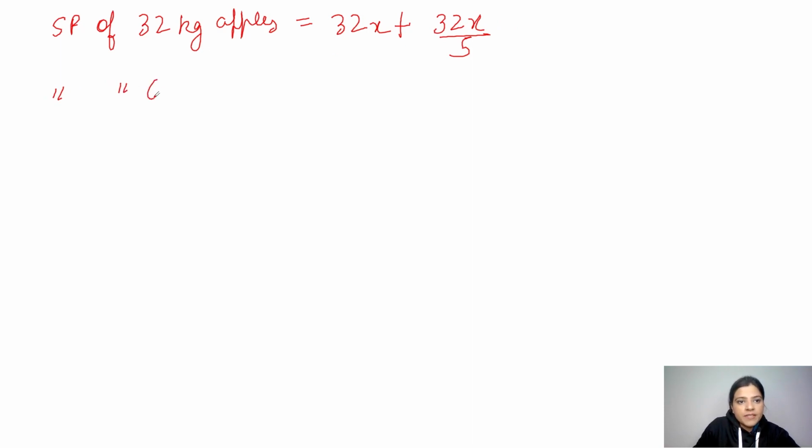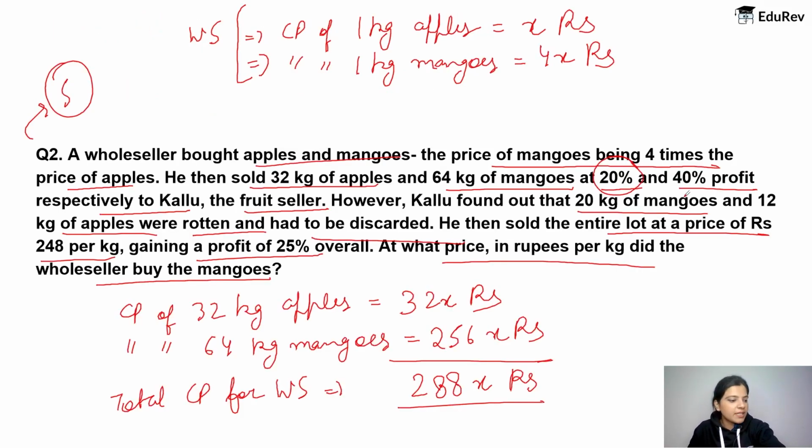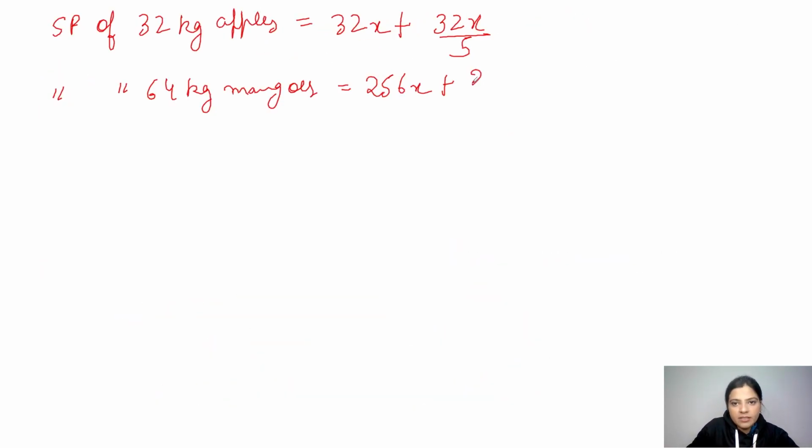Also, SP of 64 kg mangoes will be 256x plus 40% profit on this. So you know 40% is 2/5 of 256x.